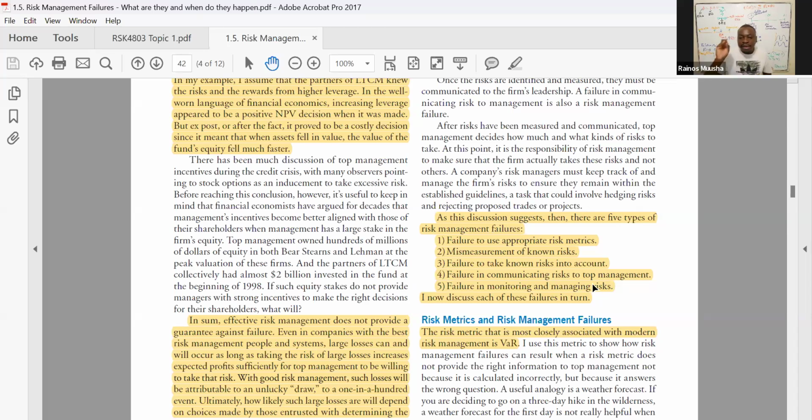So that if we identify these risk management failures, we can confidently say, yes, based on what we've observed, there was a risk management failure in that case. Are we on the same page?